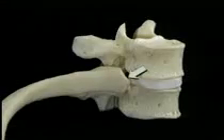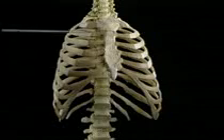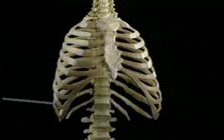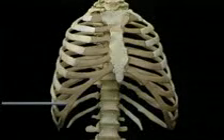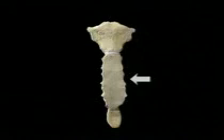Here's the costovertebral joint and the costotransverse joint. Here are the costal cartilages. Here's the costal arch. Here's the sternum, the manubrium, the body, and the xiphoid process.